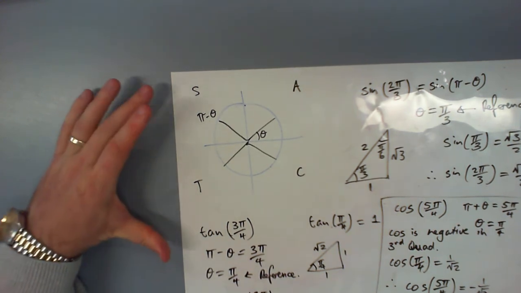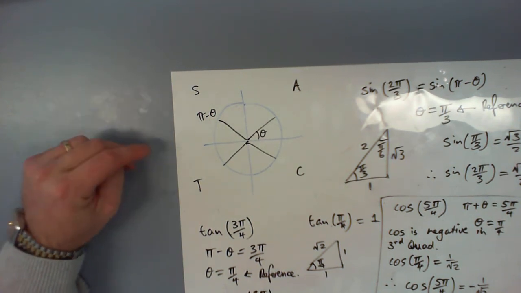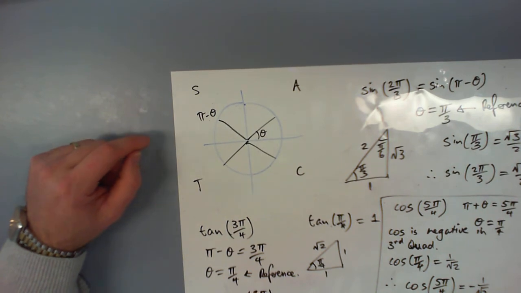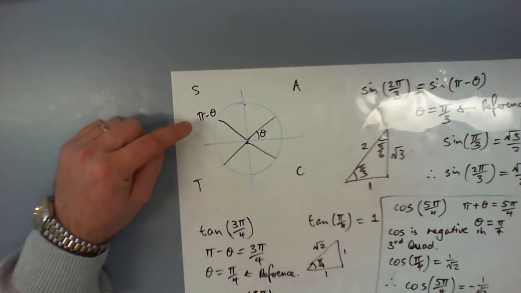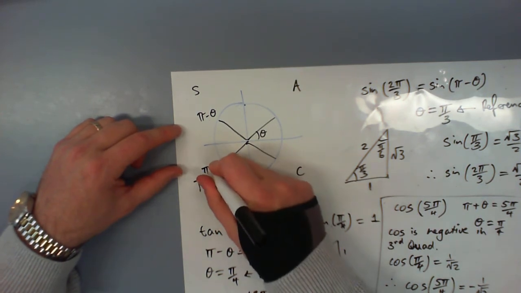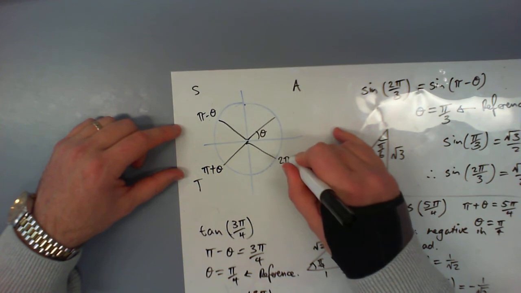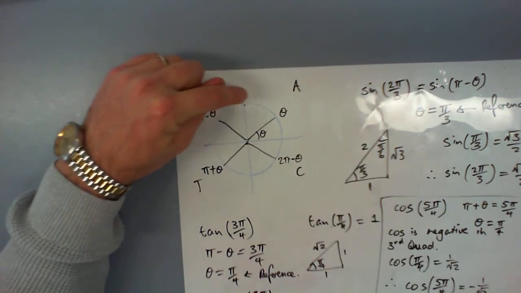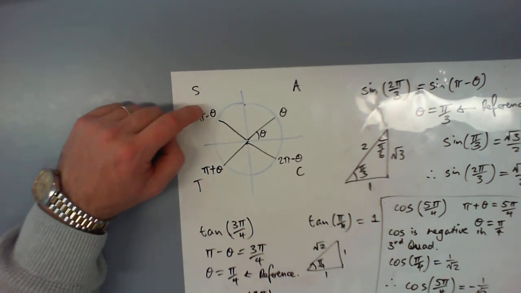So what's the process for solving some of these? We need to identify two things. One, our reference angle, and two, what quadrant we're in. So we look at what quadrant we're in and identify how we find our angle, remembering that our angle in the first quadrant is just our angle. Second quadrant, pi minus theta.